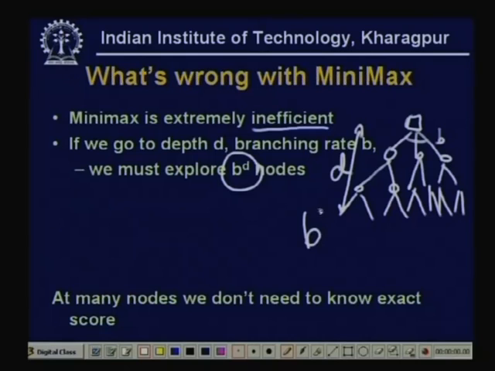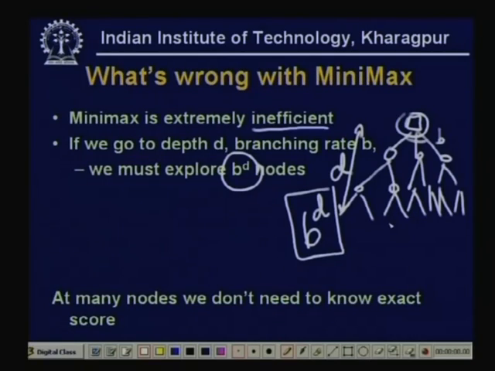So, Minimax will expand b to the power d nodes in order to compute the Minimax value at the root if it decides to cut off search at depth d.